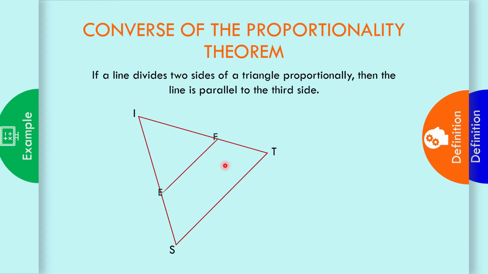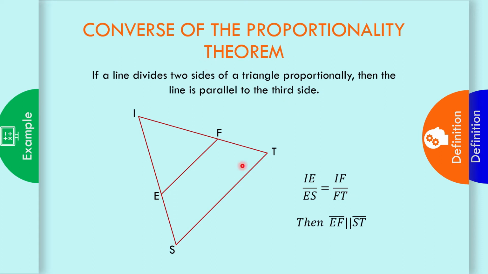So let us draw line EF. From here, we can state that IE over ES is equal to IF over FT. So if these two sides are proportional, then we can say that EF is parallel to ST. So that is how we deal with the converse of the proportionality theorem.